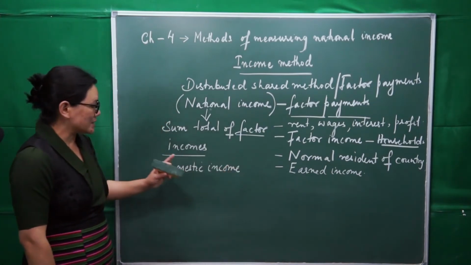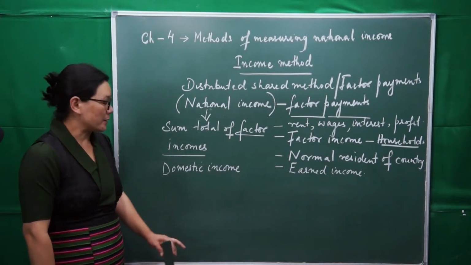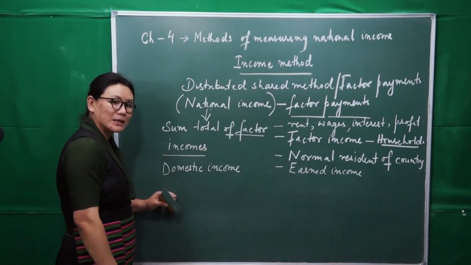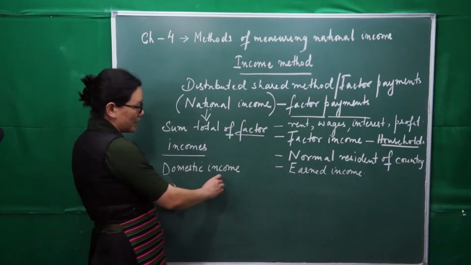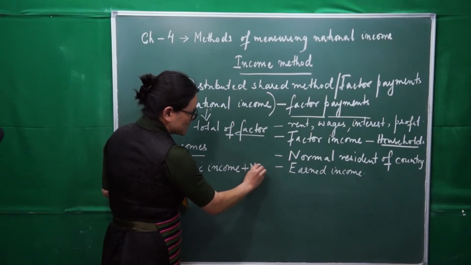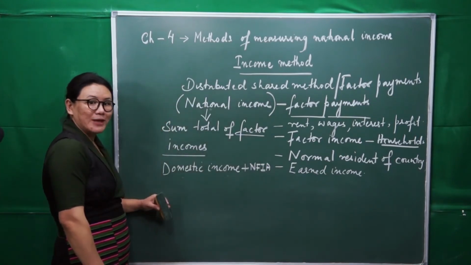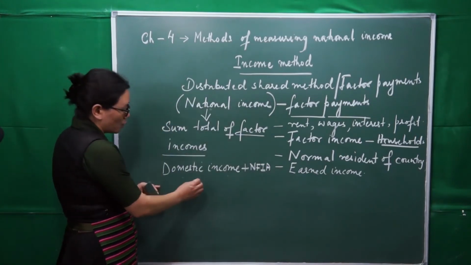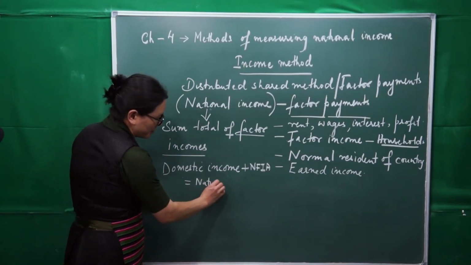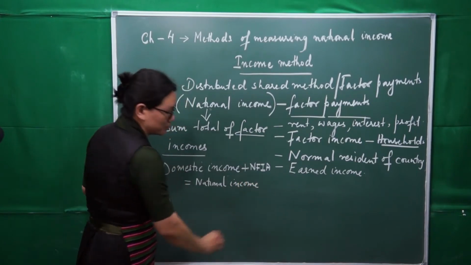So this is called domestic income. Is that clear? Okay. So how will domestic income become national income? If we add NFIA, which I have shown in my previous video, we will get national income. This we have seen before.